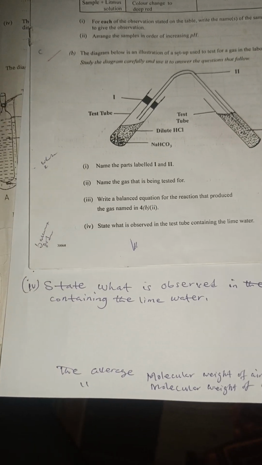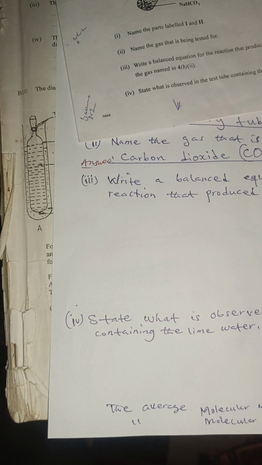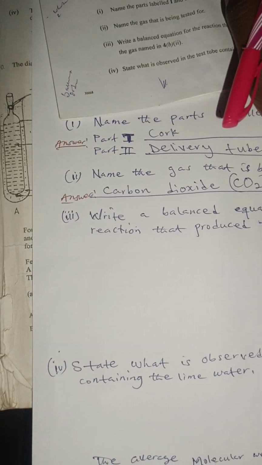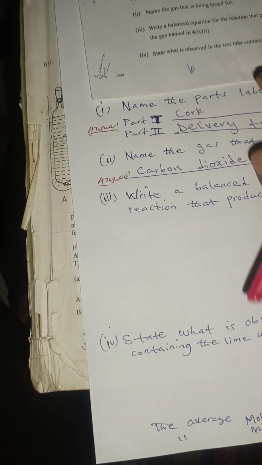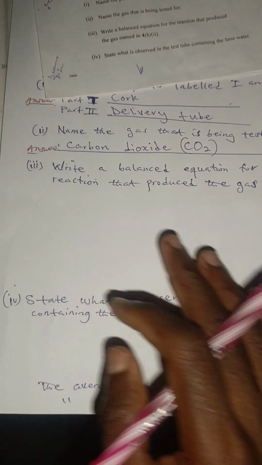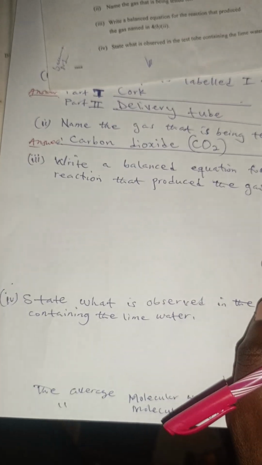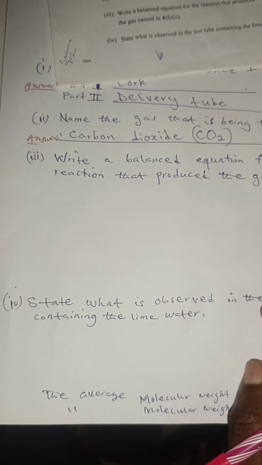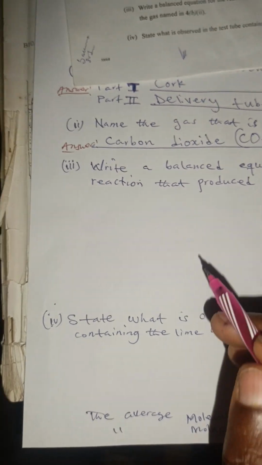So here, from the question, there is a reaction between sodium bicarbonate and HCl. In any chemical equation, you must have the reactant side and the product side. So in this side we have the reactant, and here we will have our product. Now let us write the reactant.